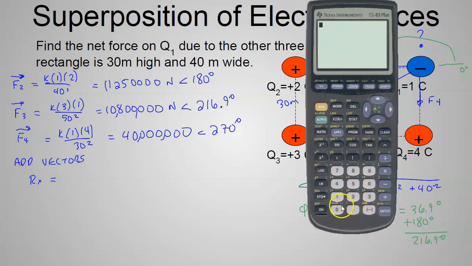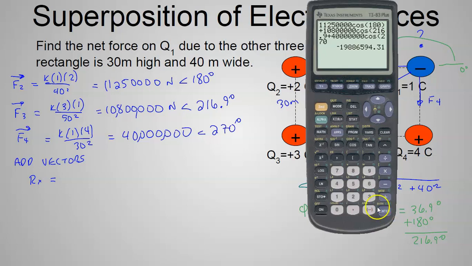So if I do 1125 and 4 zeros times the cosine of 180, close up your cosine, plus 10, 8, and 5 more zeros, 1, 2, 3, 4, 5, cosine 216.9 plus 40 million times the cosine of 270, then that'll go ahead and add all those parts right there.